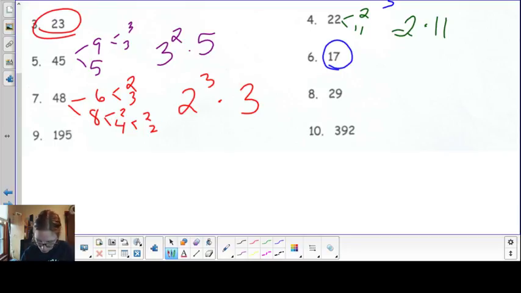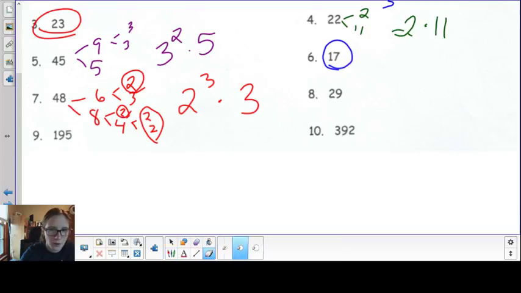Something doesn't seem right. That's why I missed one. I have 1, 2, 3, 4. It's like 8 times 3 isn't big enough. But 16 times 3 is. So he's actually to the 4th power.